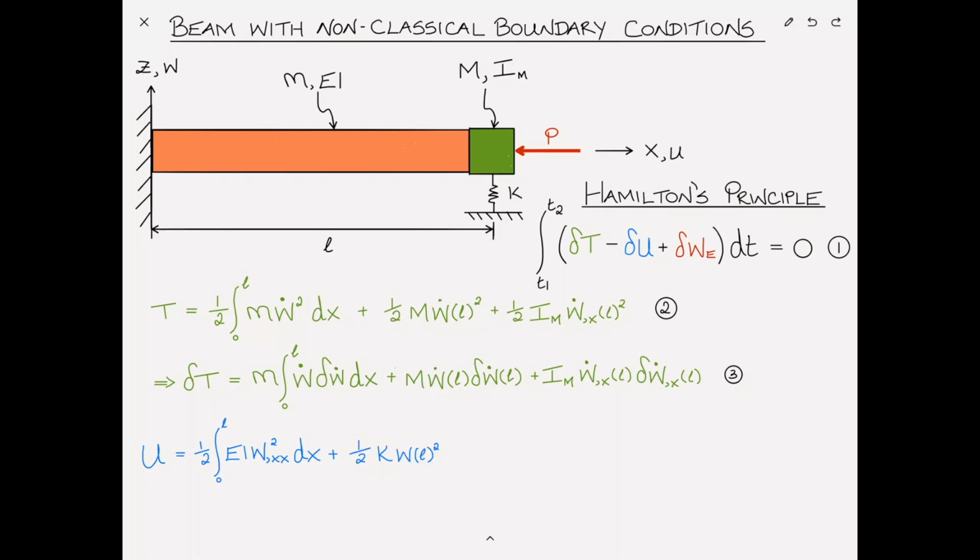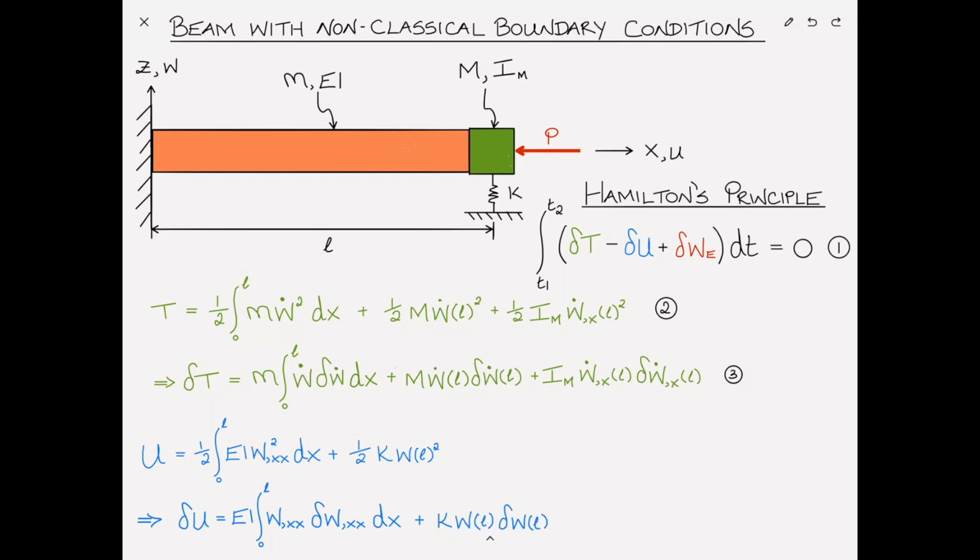So we can take the variation of U. This implies that del U is equal to, since EI is constant because it's a uniform beam, I can take that outside of the integral, and I'm left with the integral from 0 to L. The 2 cancels the half, w comma xx del w comma xx dx. Plus the contribution from the spring, again the 2 cancels the half, and I'm left with K w at L del w at L.